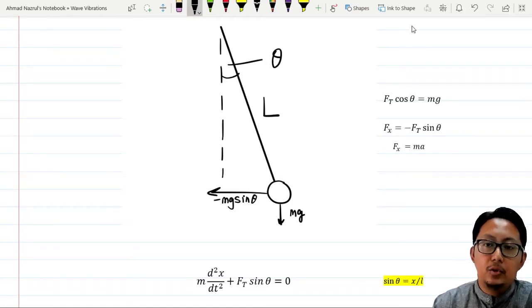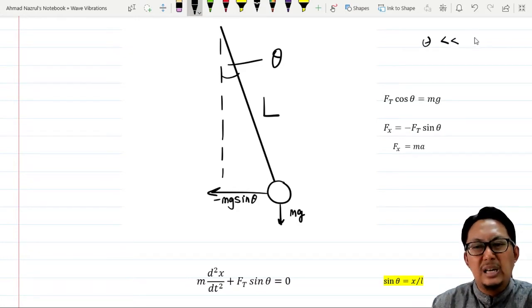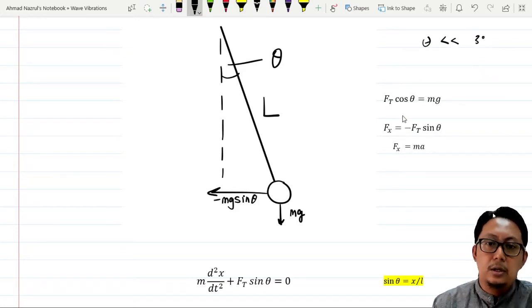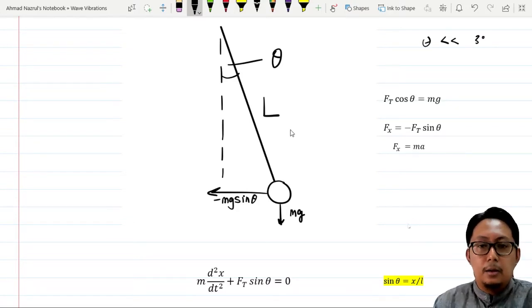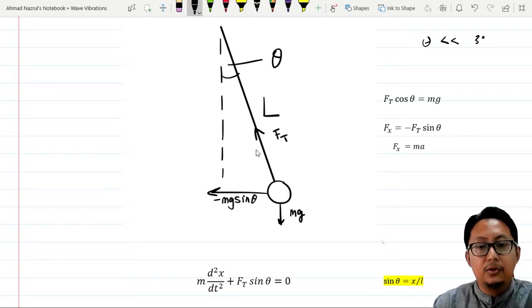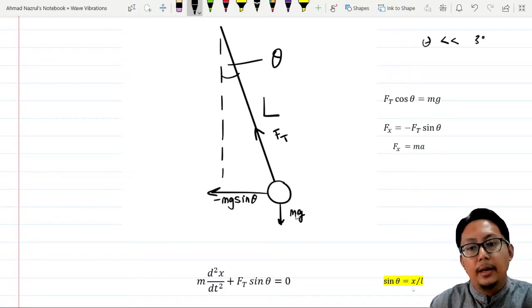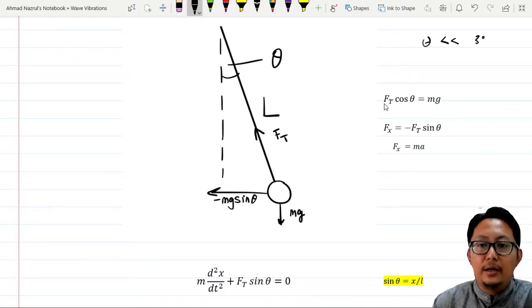The angle should be very small, around 3 degrees, so that we can avoid a lot of the friction. For the calculation, we have another force, which is the tension force in the string, opposite to the motion force.